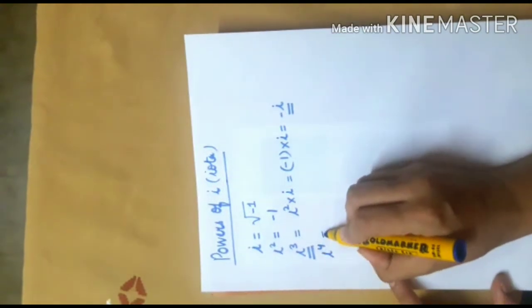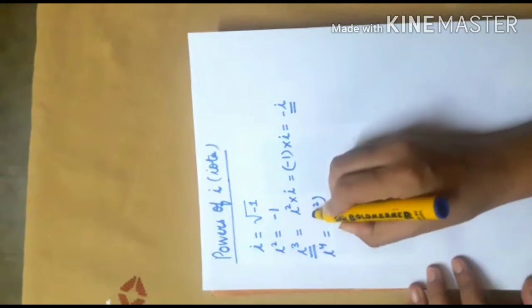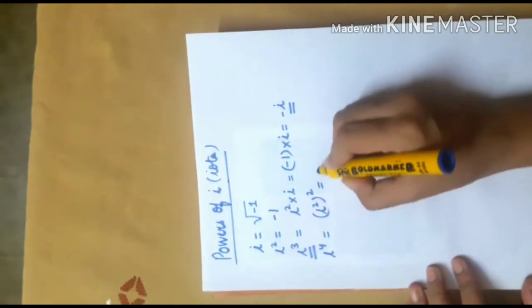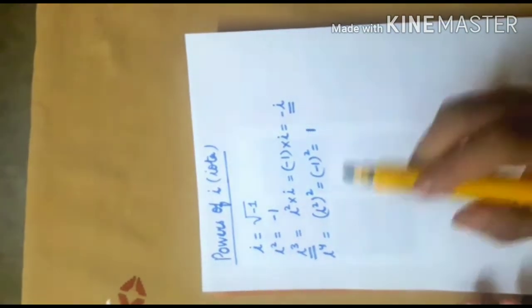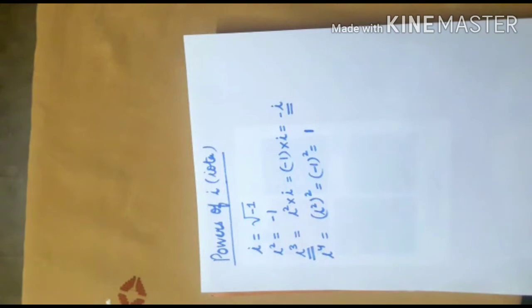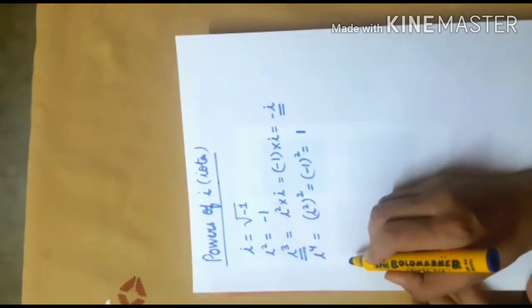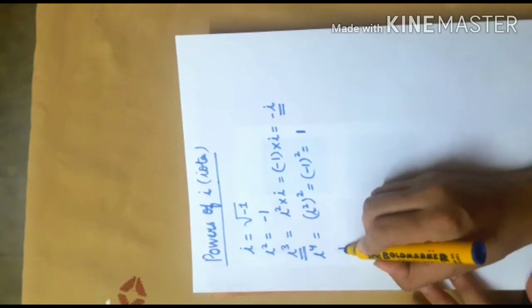Now iota raised to the power 4. 4 is even. So I can write this as square of iota square. Now it is negative 1 whole square. So it is 1. So iota raised to the power 4 is equal to 1. Now look here. Suppose I have to evaluate iota raised to the power 16.